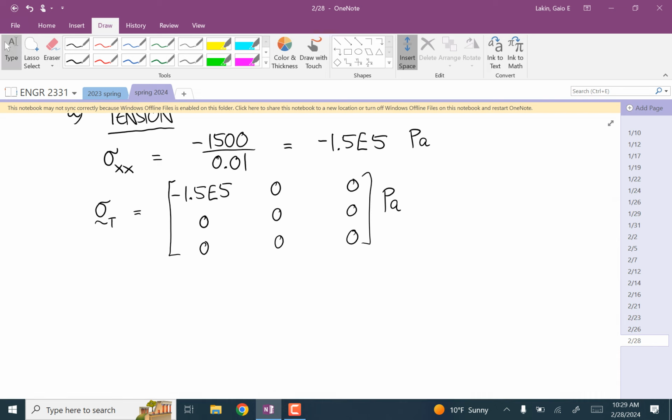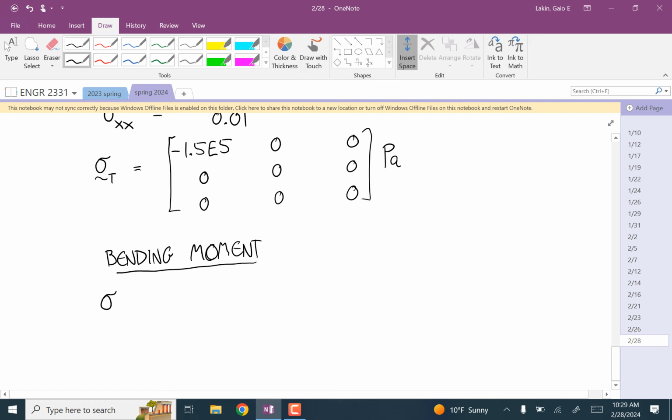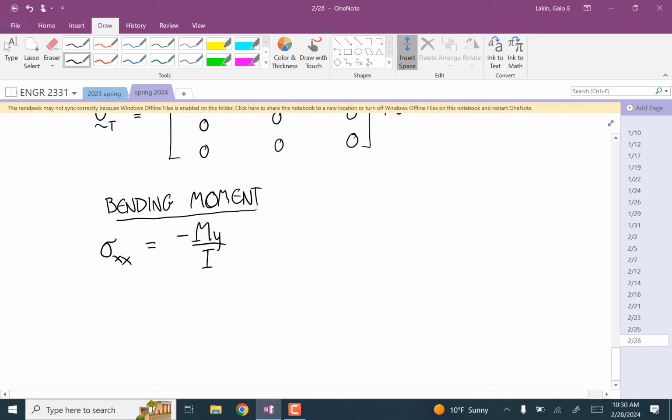Okay, and now we'll do, for the bending moment, our formula for the XX stress due to the bending moment is negative M times y over I. For that square cross section, I is just equal to 1/12 times the base times the height cubed.